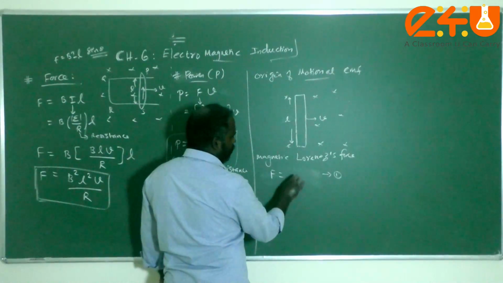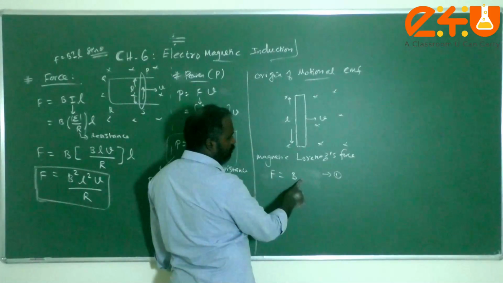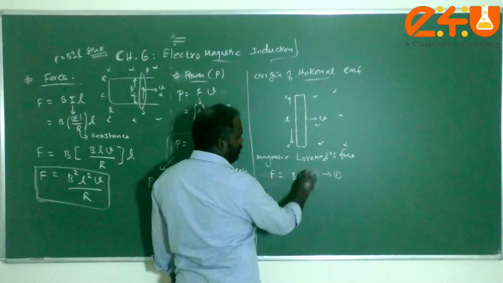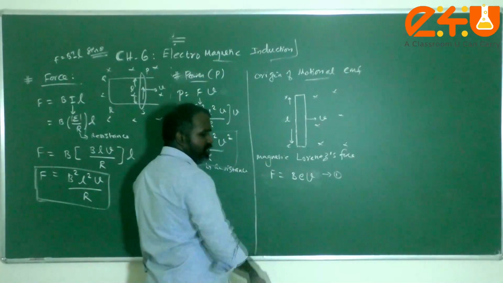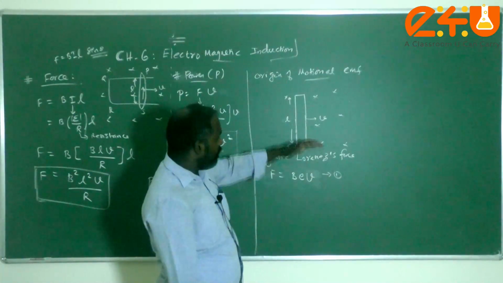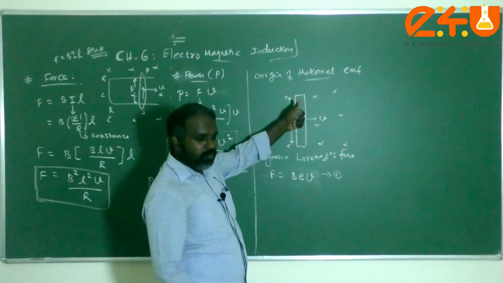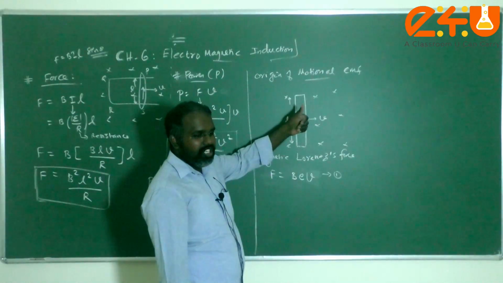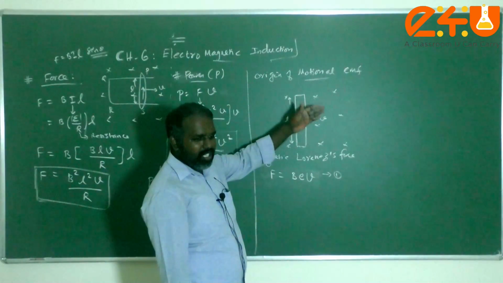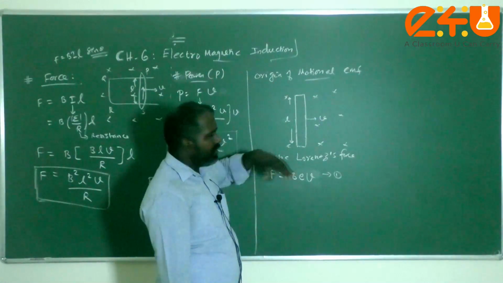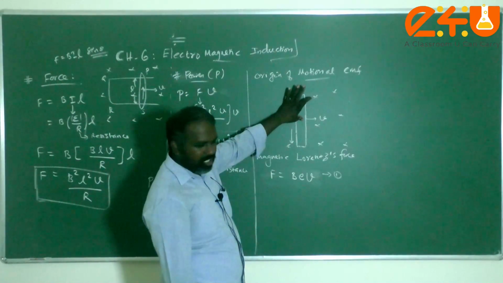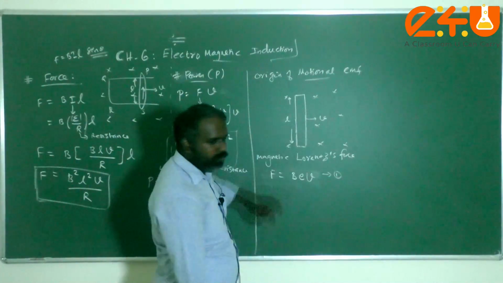Therefore F is equal to B e V, where small e is the charge of the electron. For a positive charge the force is upward. As we discussed in the Lorentz force, when the sign of the charge is reversed, the direction of force is also reversed. Therefore, the electrons in the conductor will experience a downward force.